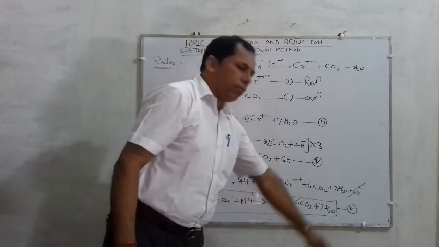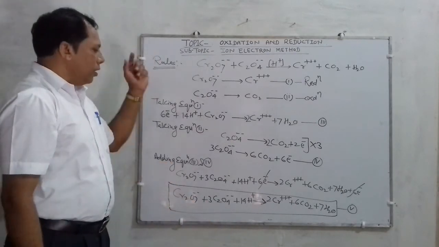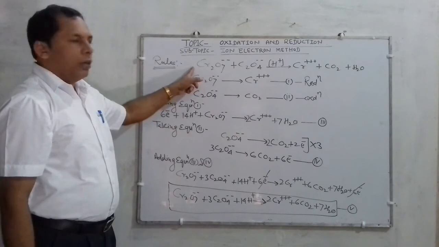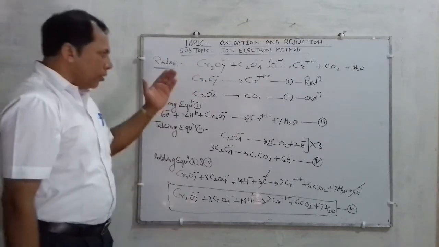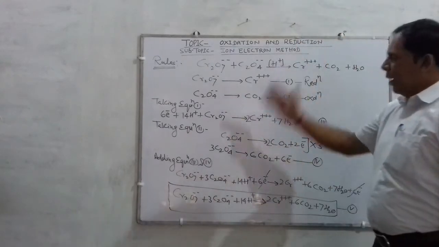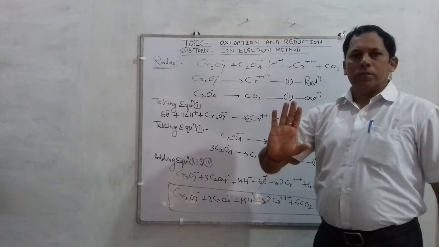So equation number 5 is the balanced chemical reaction of the given reaction. In this manner, children, you can balance any ionic reaction by applying the laws.